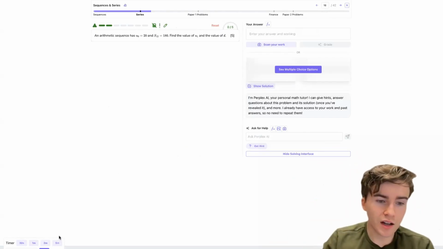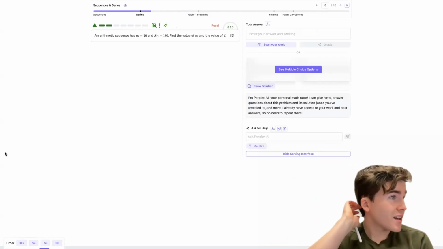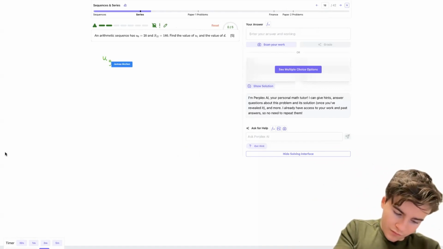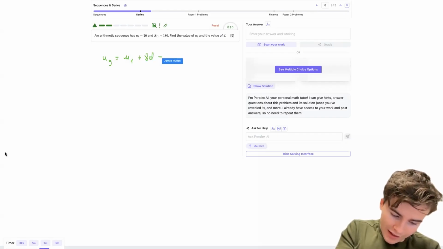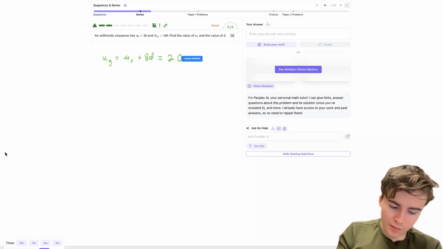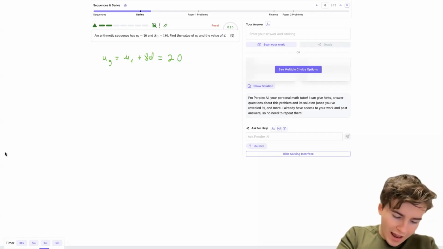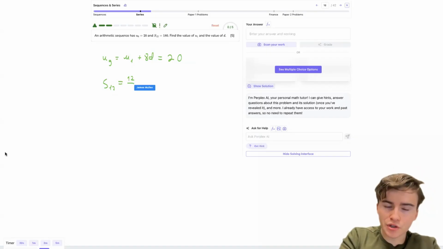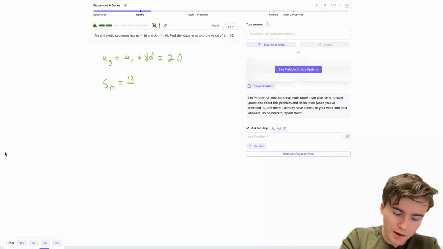So let's get started on this. I'm going to need to remember that u9 is u1 plus 8d, and that's equal to 20. That's going to be important. And I also need to remember that S12 is 12 over 2 times (2u1 plus (n minus 1)d).